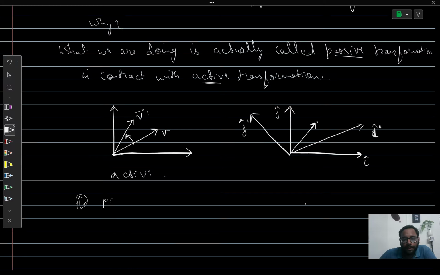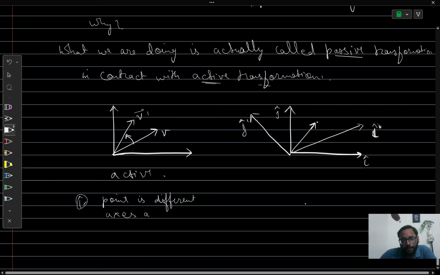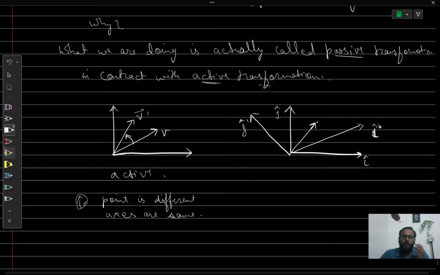Here the axes are different, but the components will change, and we take this in i cap and j cap only. So yes, the unit vectors won't change. So this is a passive transformation.